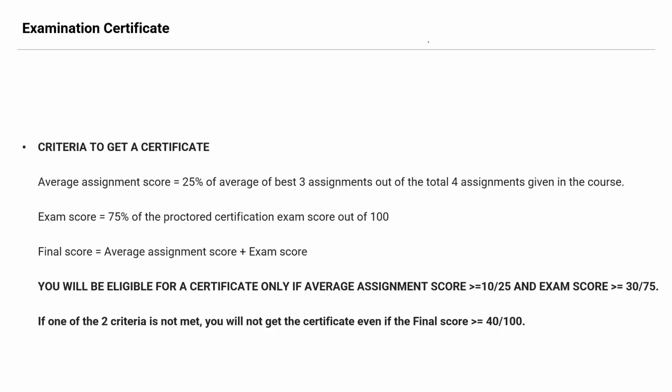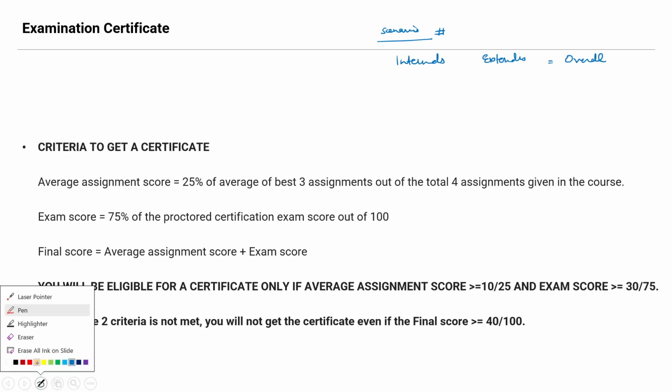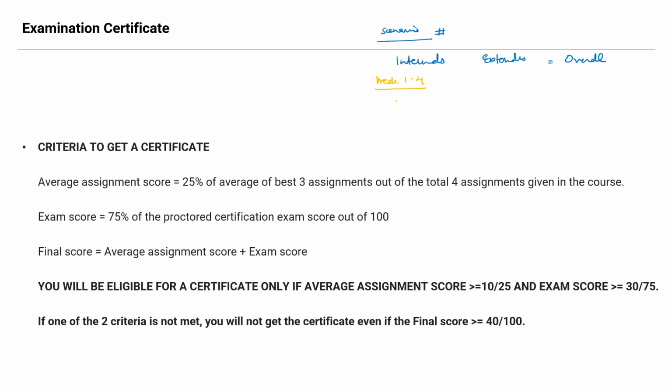This is important from the perspective of the examination certificate. What are the scenarios which will lead you to a certificate? Let's try to understand it from an internal, external perspective, and how the overall marks will be generated. All the assignments from week 1 to week 4 will be given a weightage of 25%.